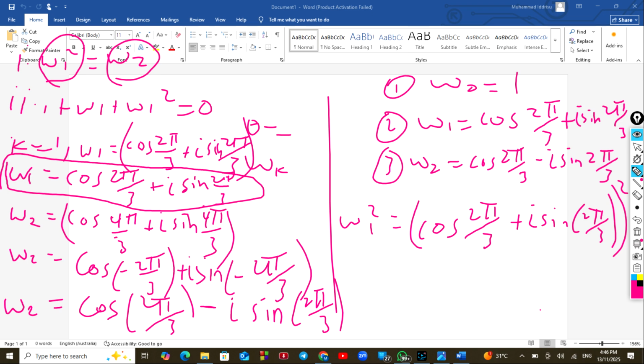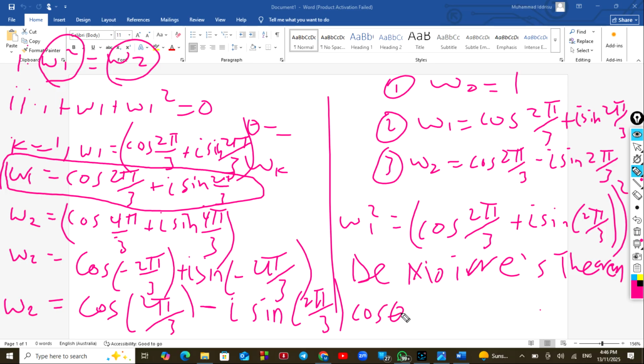So by applying De Moivre's theorem, we know that cos theta plus I sine theta, all to the power n, is equal to cos of n theta plus I sine of n theta. So we multiply the theta by n.